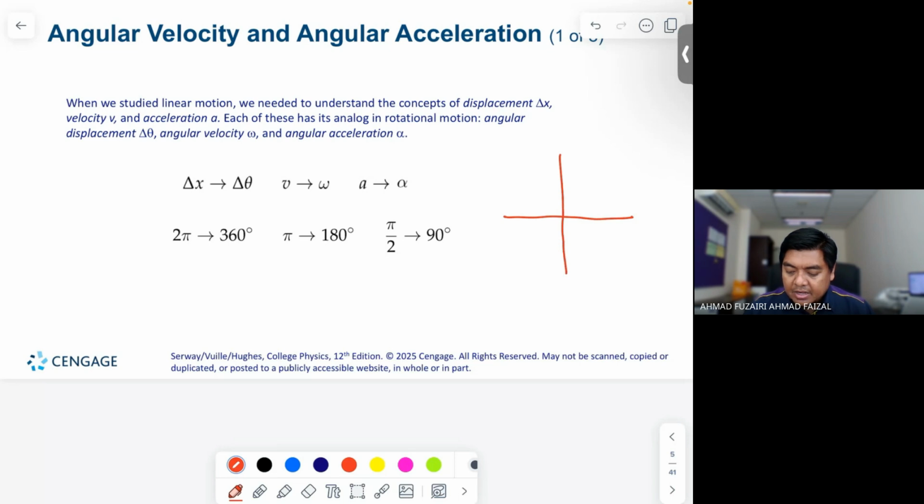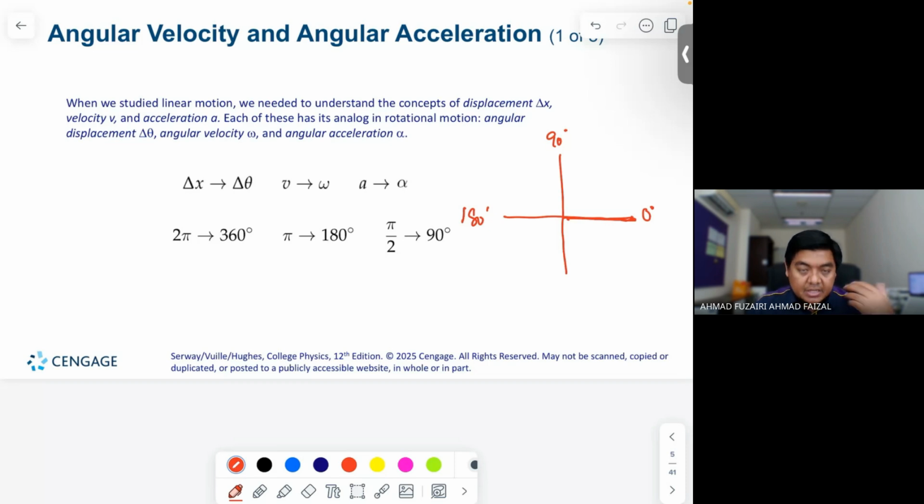We start at 0 degree over here, then 90 degrees after the 0 degree, and after that another 90 degrees, we reach 180 degrees.